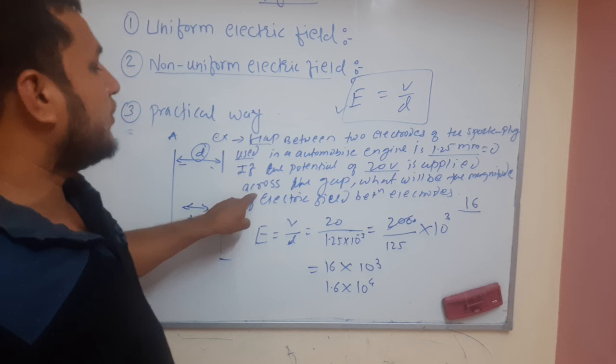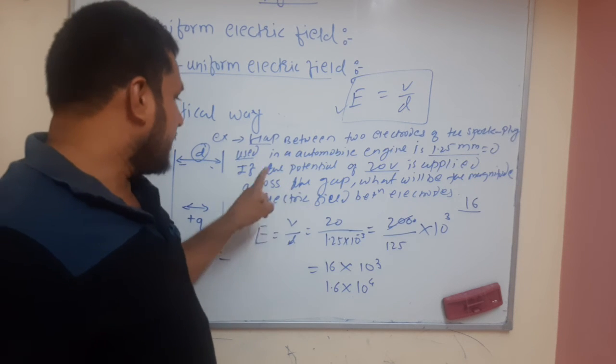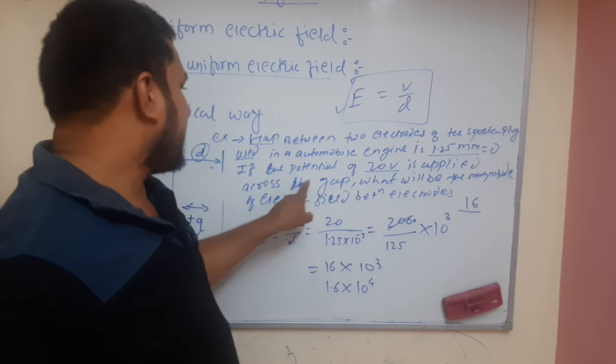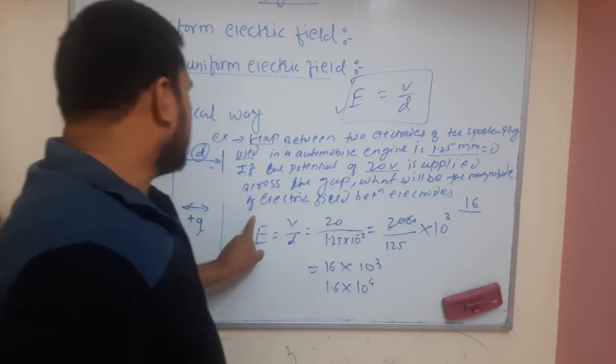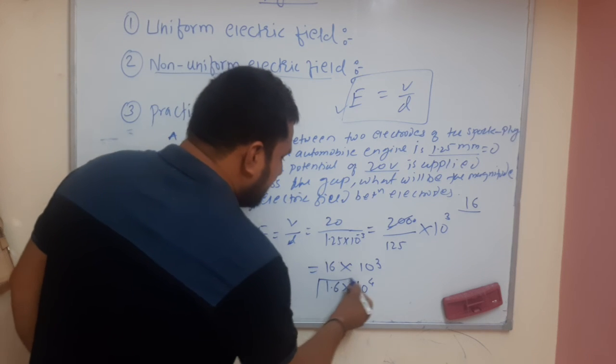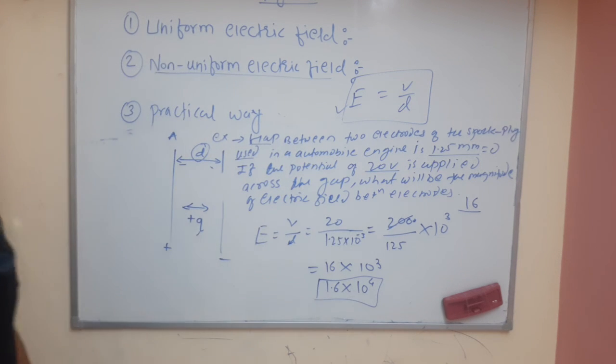And we are calculating the magnitude of electric field between the electrodes across the gap. So the magnitude is 1.6 into 10 raised to 4.